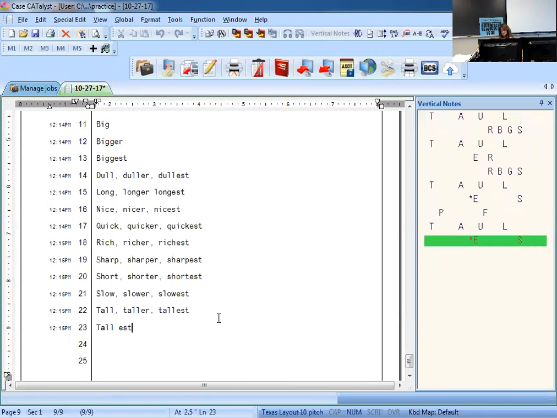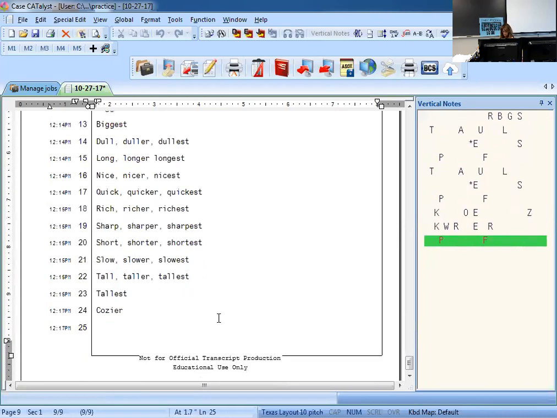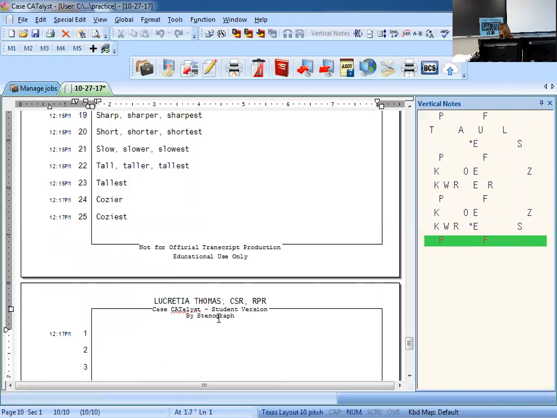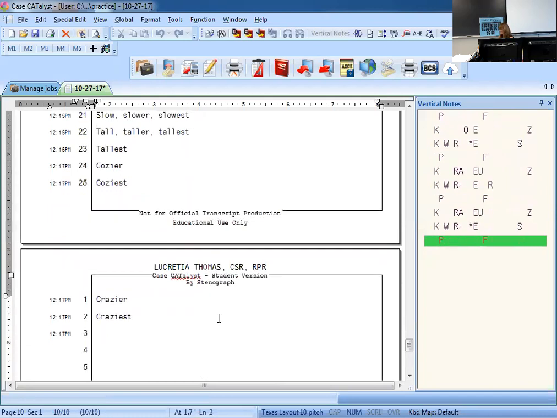So let's write cozier, and it sounds like it, cozier. Coziest. Okay? So notice, crazier is crazier. The Y sounds like it. Craziest: Y-E-S asterisk, because that's your EST ending.